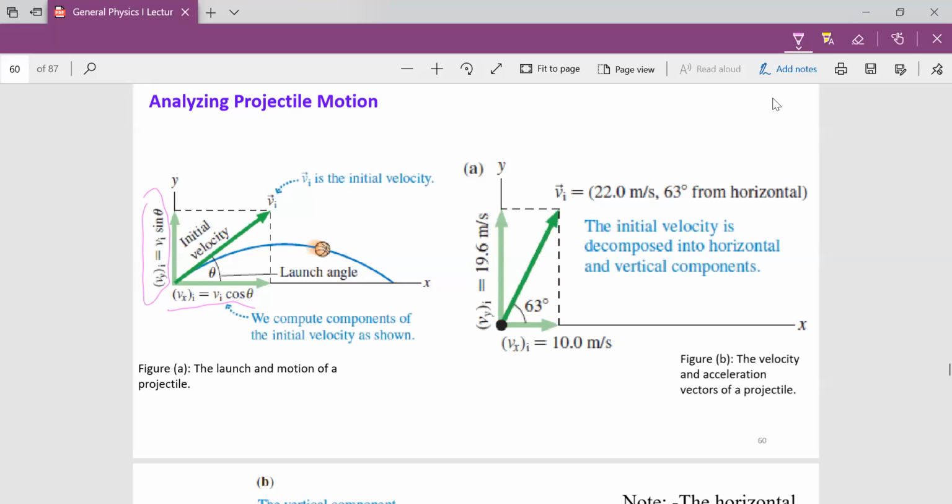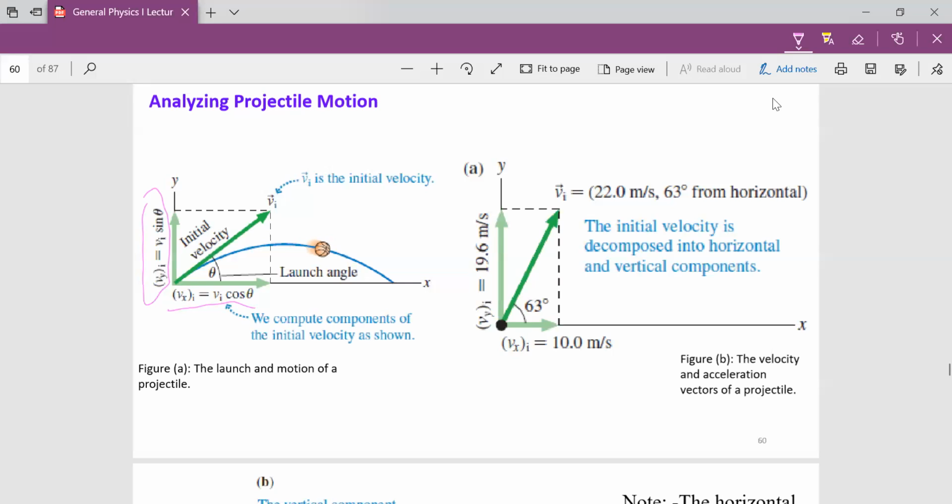So, looking at the analysis that is putting values to this description here. Let's assume that we launch the ball at an angle of 63 degrees, and it's moving with an initial velocity of 22.0 meters per second.